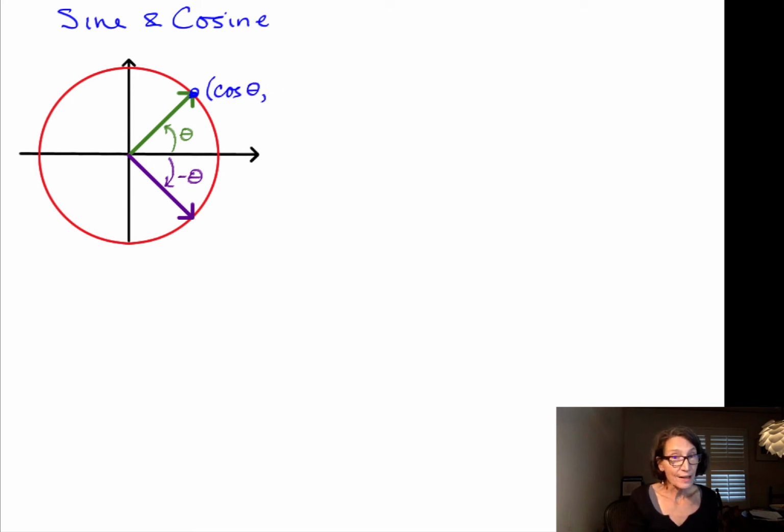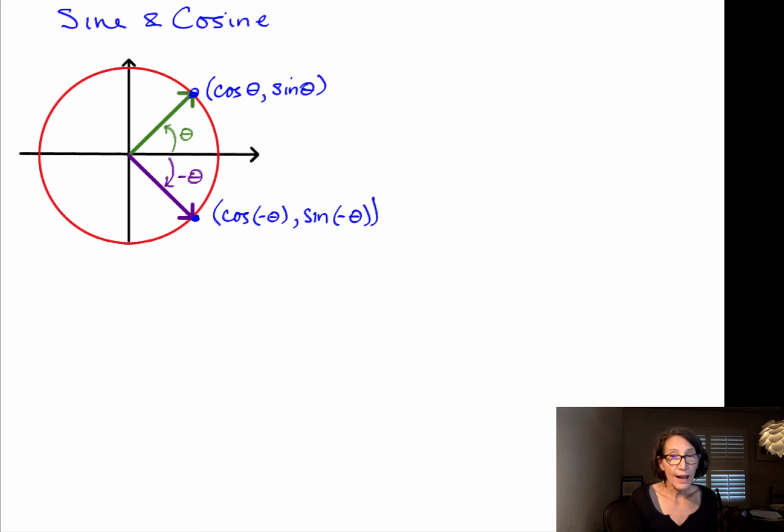And remember, the x coordinate is the cosine of the angle, and the y coordinate is the sine of the angle. So for positive theta, that point has x and y coordinates cosine theta and sine theta, respectively. And what about negative theta? Well, the same thing. The x coordinate of that point is cosine of negative theta, and the y coordinate is sine of negative theta.